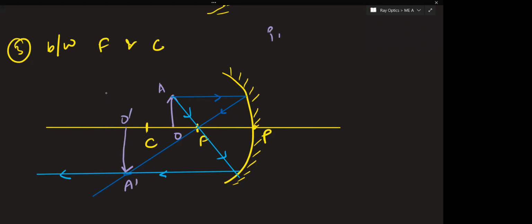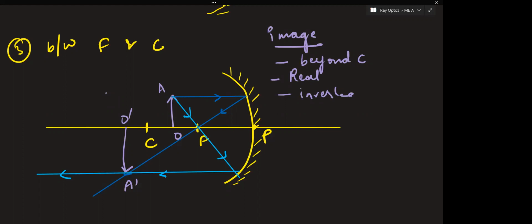Fine. So what are the conclusions that we can draw from this ray diagram? Firstly, this image is formed beyond the center of curvature. Remember, this is beyond C. Anywhere it can be formed depending on the position of the object between C and F. Second, real and inverted remain the same here as well.